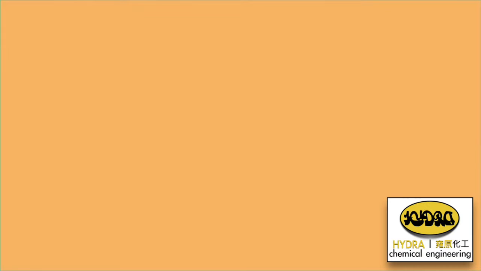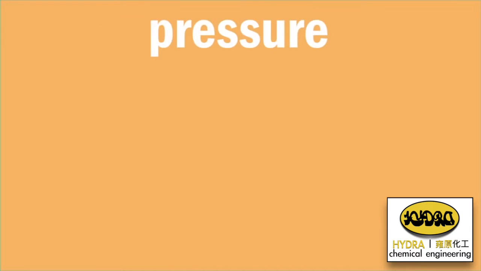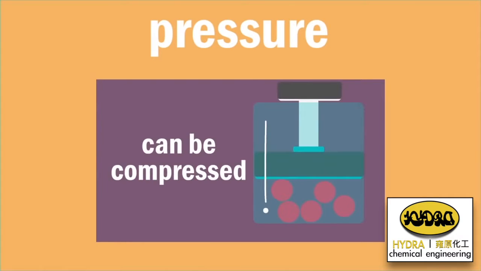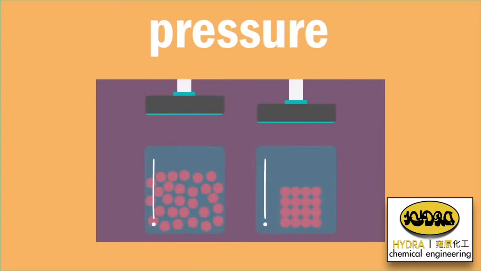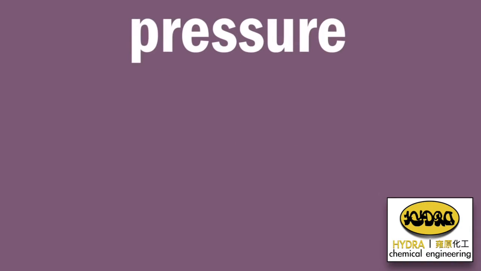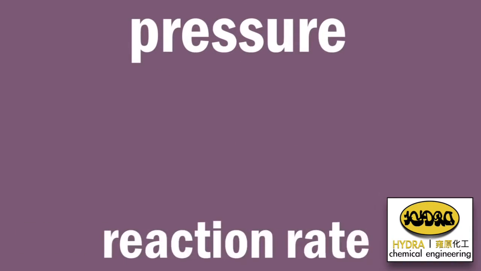Now let us move on to pressure. As mentioned in our video on states of matter, gases can be compressed, while solids or liquids cannot. Pressure, therefore, only affects the reaction rate of reactions involving gases.